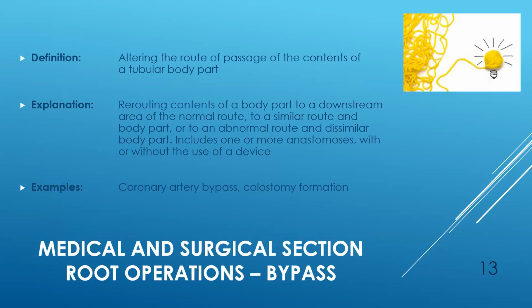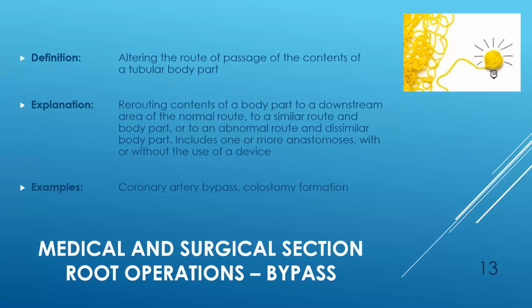Neurosynapses, blood flow, lots of things: the lymphatics, urine, waste, respiratory, oxygen, contents of a tubular body. But bypass, remember, is strictly for a tubular body, which could be an artery, a vein, your digestive tract. So it is rerouting contents of a body part to a downstream area of the normal route.